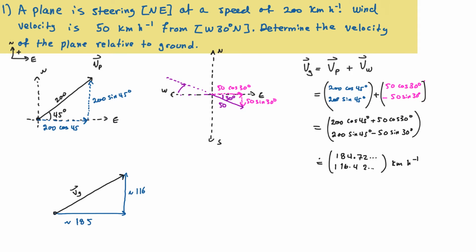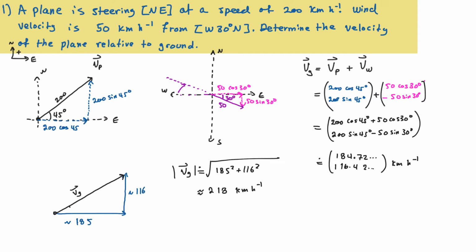So the magnitude of that velocity is going to equal the root of 185 squared plus 116 squared, and I'm using the exact values on my calculator, not just the estimated ones, to get a ground speed of 218 kilometers per hour.